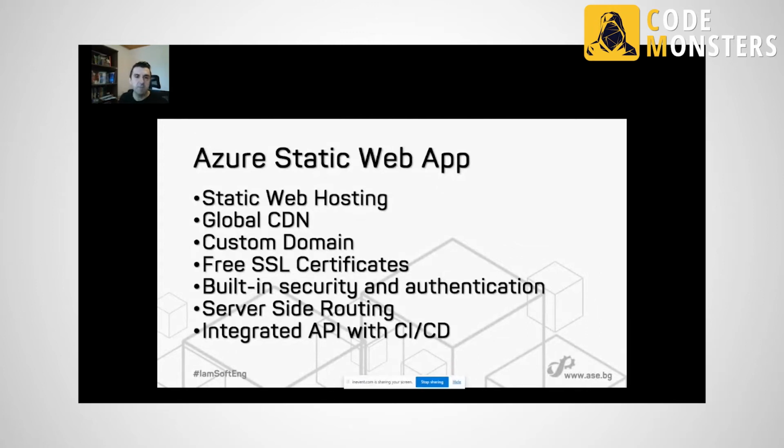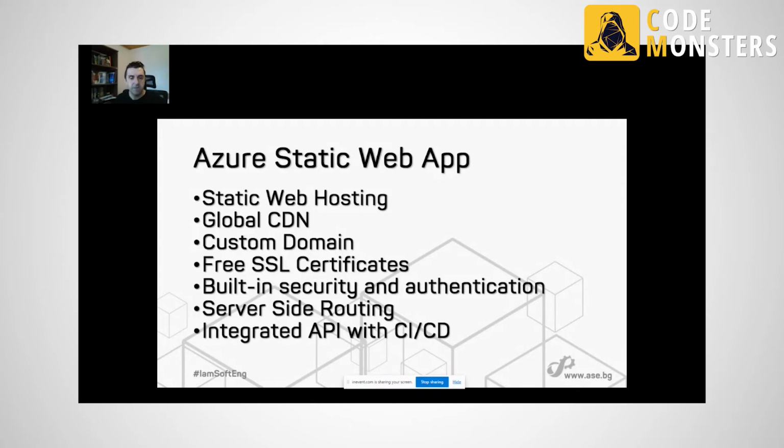And you can set up a free SSL certificate that gets renewed automatically. Whenever the certificate expires, it gets renewed for you. You don't have to do that. It also has built-in security and authentication so that you can authenticate your users. And also it has role-based authentication and integrated security for accessing the resources.